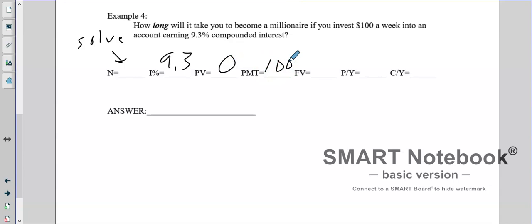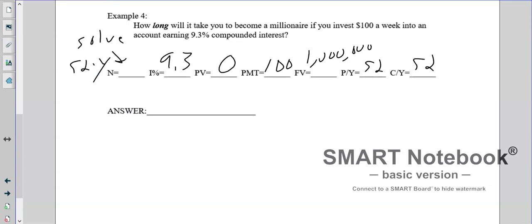Okay, and we want $1 million future value. So 1 with 6 zeros. And we're doing it weekly. Okay, now remember, the solve is tricky because this is really 52 times a number, okay? So the answer we get there is not going to be the actual answer. We need to divide by the 52, all right?